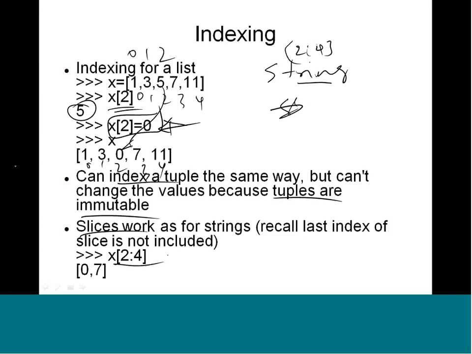So here we can specify 2:4, and that is like 0, 1, 2, 3, so 2 and 3 will be printed out. So here it's basically 2:5.